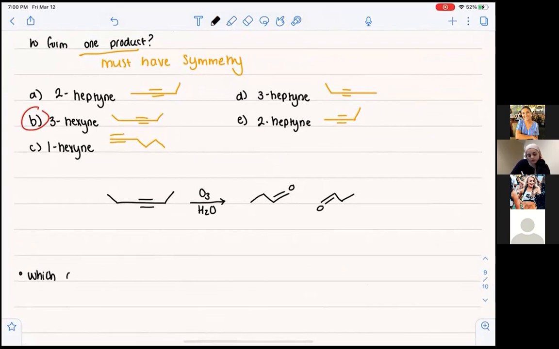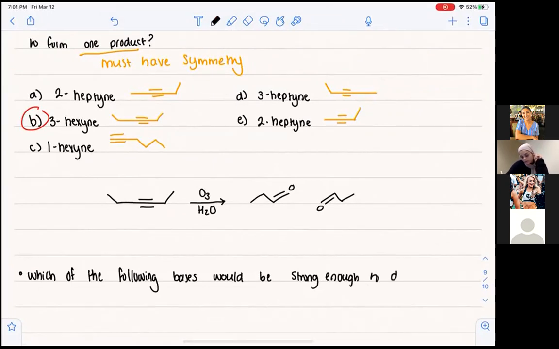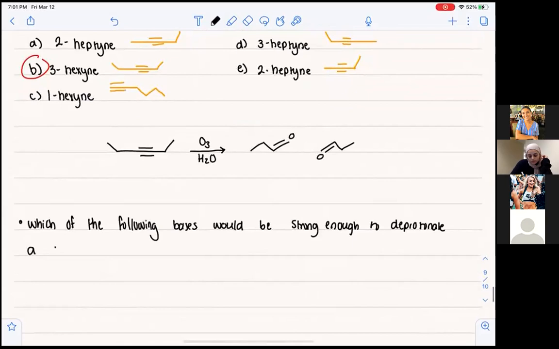Which of the following, I'm going to do another one of the base questions, but this time mentioning pKa's. Which is strong enough to deprotonate a terminal alkyne?